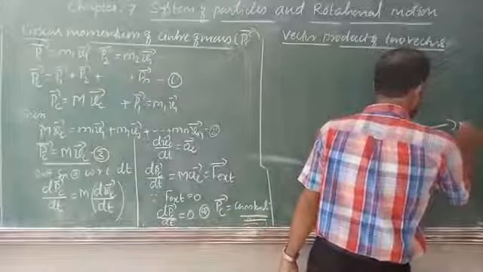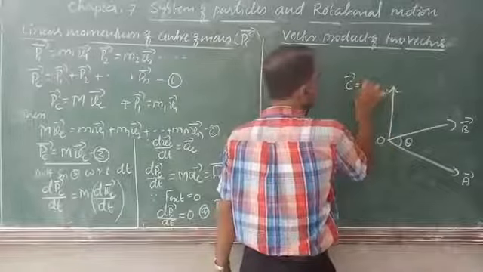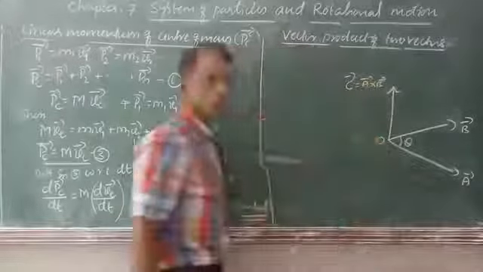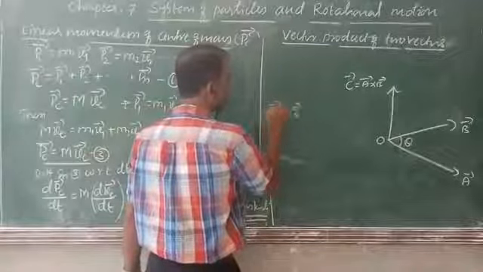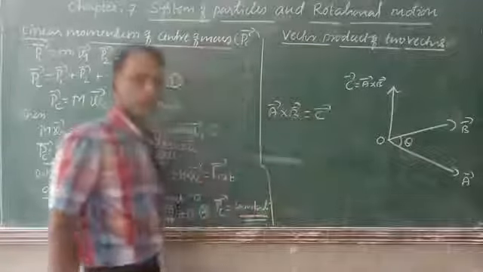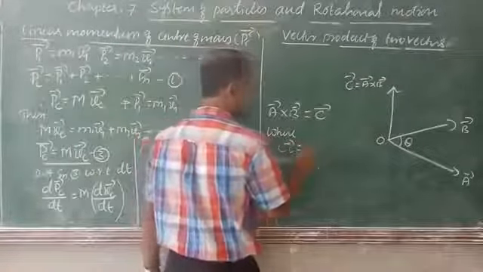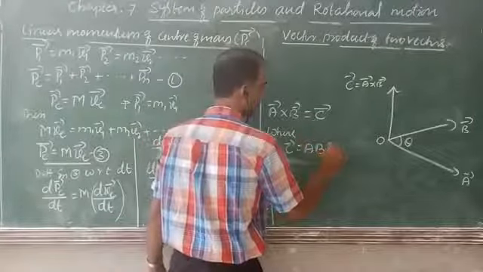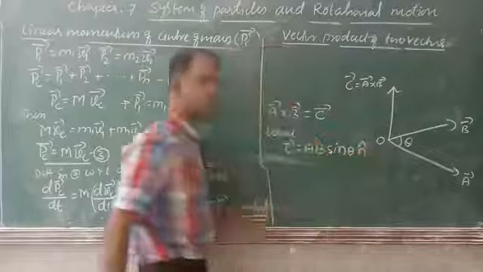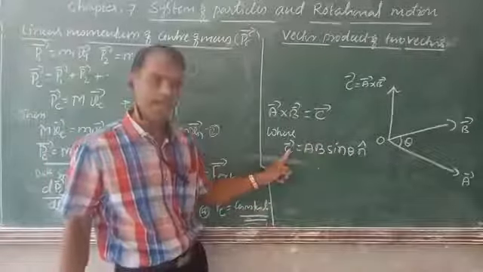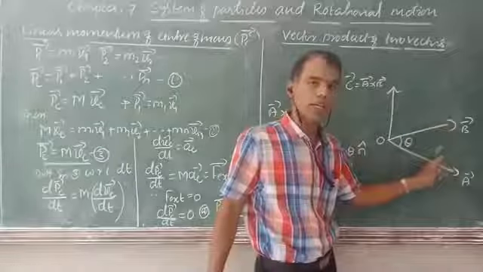Then the cross product of these two vectors, say A and B, is another vector C, which can be written as vector C is equal to A cross B. Thus, the cross product of two vectors is another vector C, where C has a magnitude equal to the product of the magnitudes of these two vectors into sine of the angle between them, into n cap, where n cap is a unit vector in the direction of C, and C vector is always perpendicular to both A and B vectors.